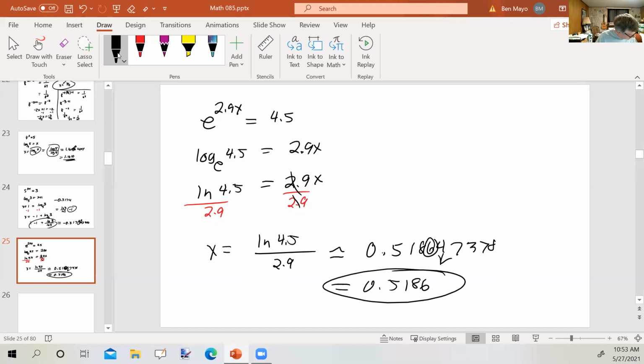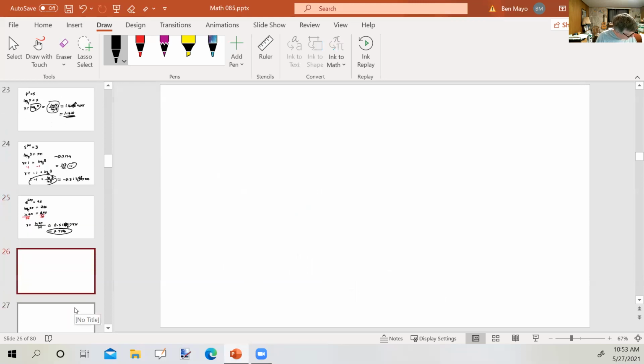Now, let's say we have this equation. The log of 2x equals 4. I think I said this the other day, but if not, I'll say it again. When you're solving an exponential equation, there's a high probability that you're going to change it into a logarithmic equation to solve it.